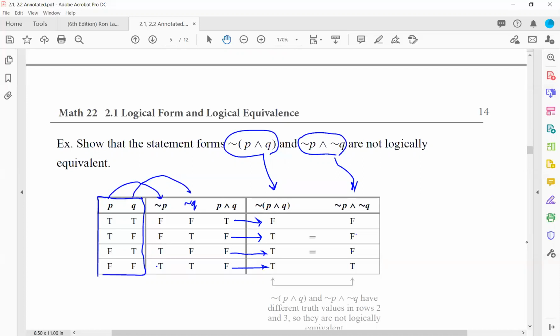Here you have false and false. They are the same. True is different from false. True is different from false. And true is the same as true. Since 2 of these values are different from each other, it means that not (P and Q) is not the same as not P and not Q.